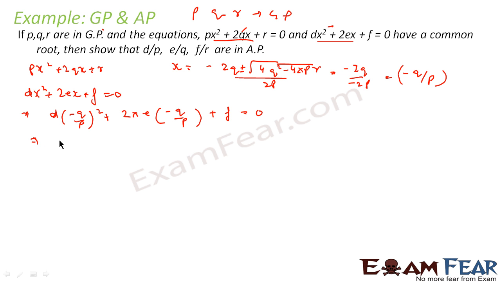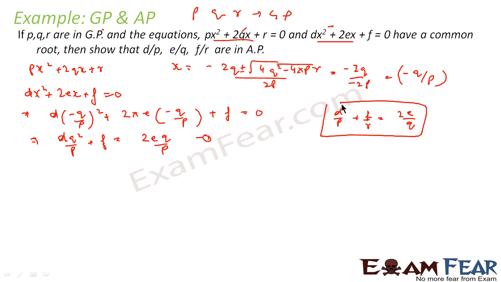This we can say as d q square by p square plus f is equal to 2e q by p. Now we have to prove that d by p plus f by r is equal to 2e by q.